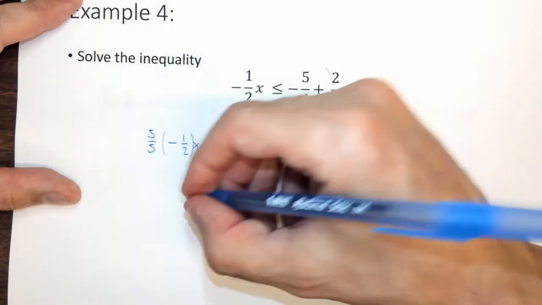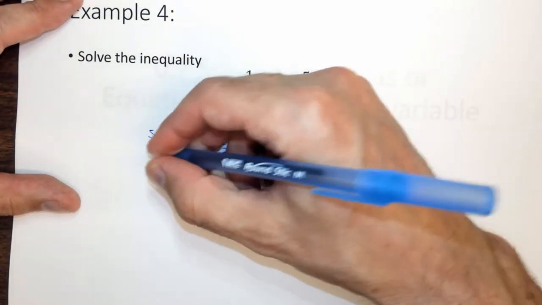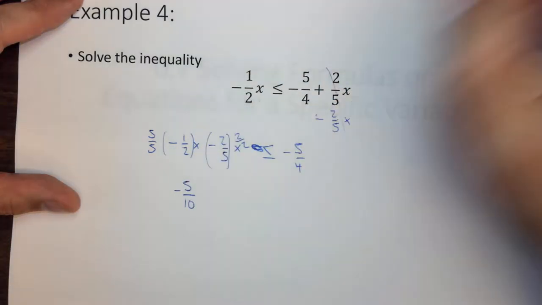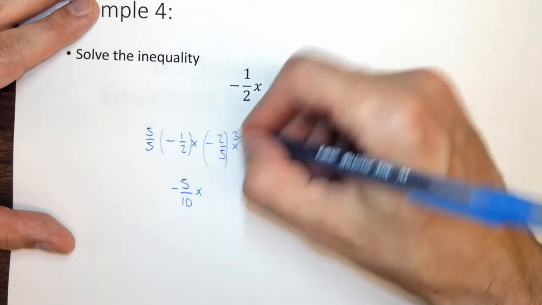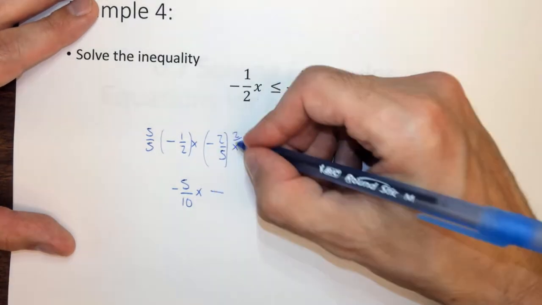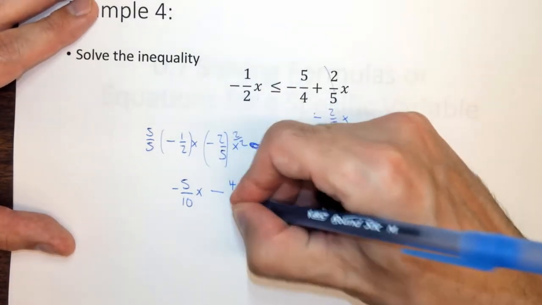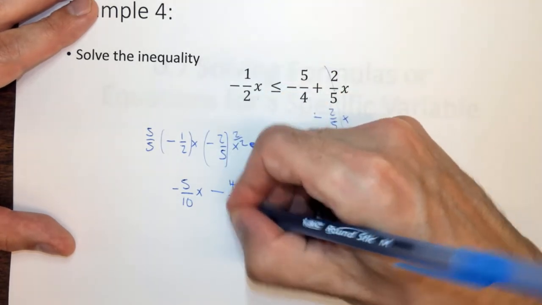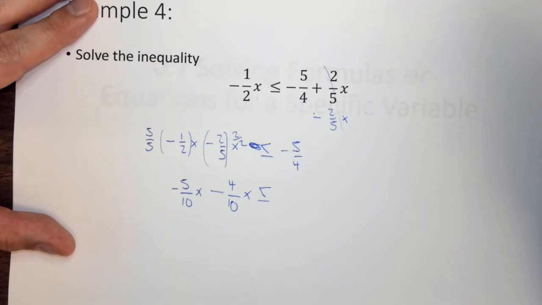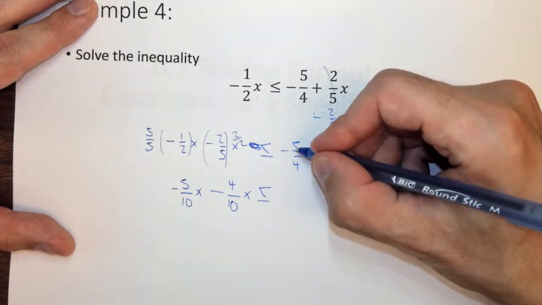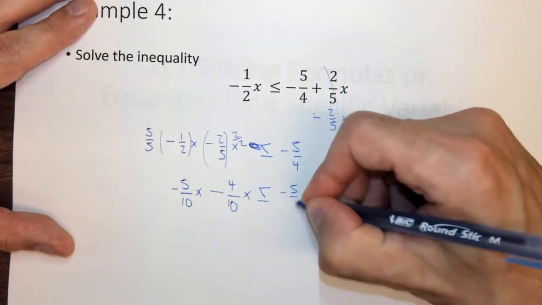So 5 times 1 is negative 5 over 5 times 2, 10, still x. This one's still going to be negative, minus 2 times 2 is 4, 2 times 5 is 10, x, less than or equal to minus 5 over 4.